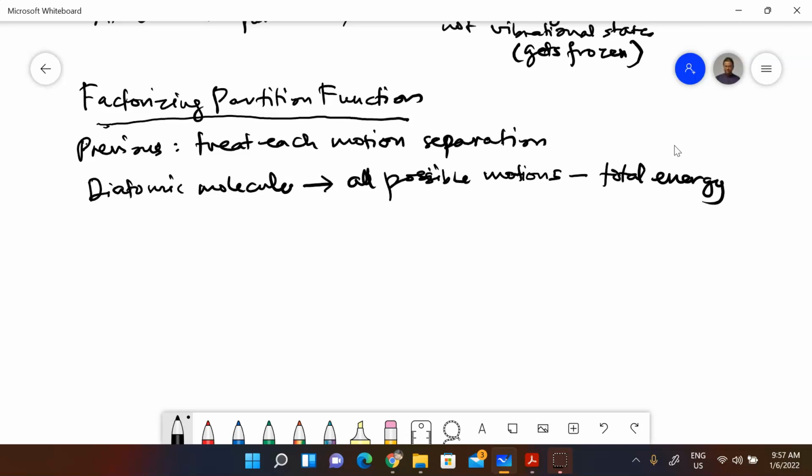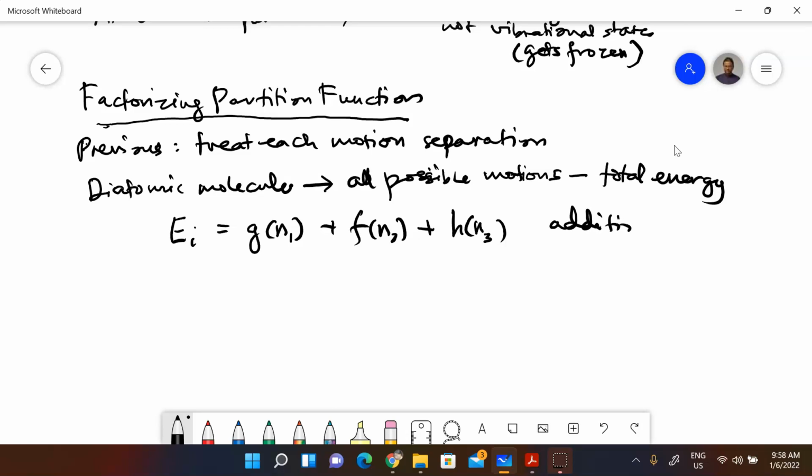The assumption here is that the total energy is simply a sum of terms, like what's written in the book, and each term depends on one quantum number.